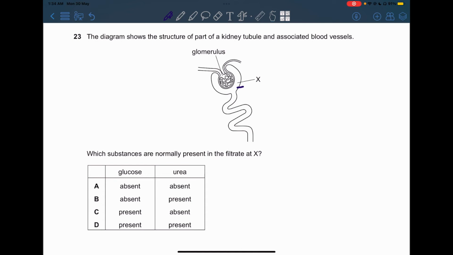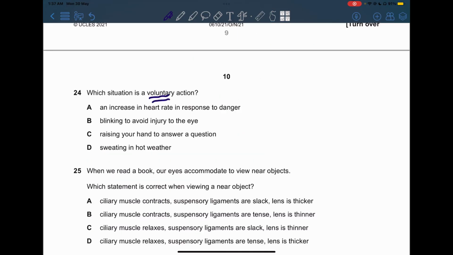There is 100% reabsorption of the glucose, but this is not over here in the filtrate. This is later in the process. Also, of course, there's urea, which is excreted in the urine. So both of the substances are present, so it's going to be D.